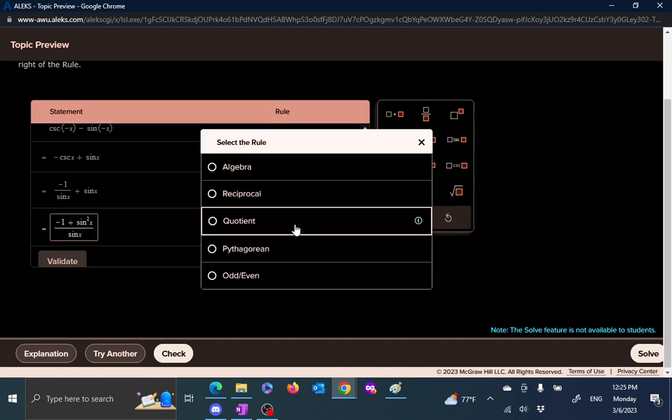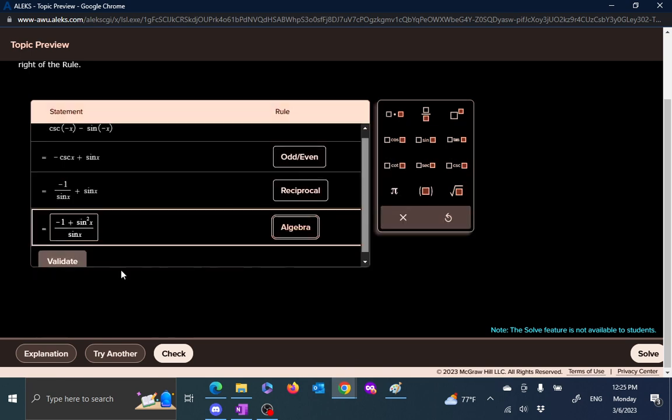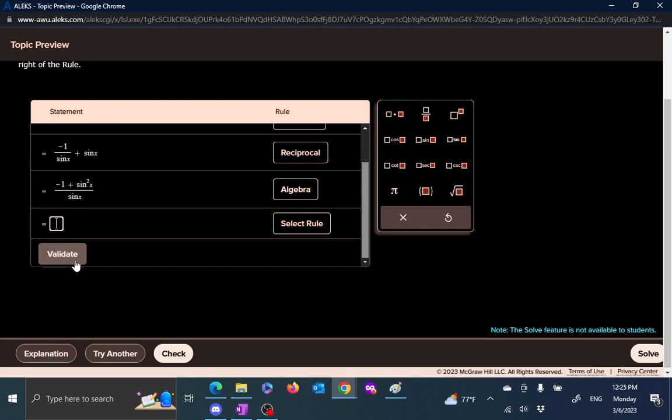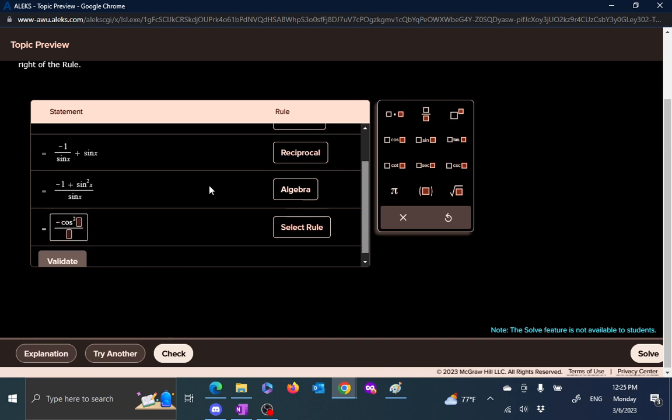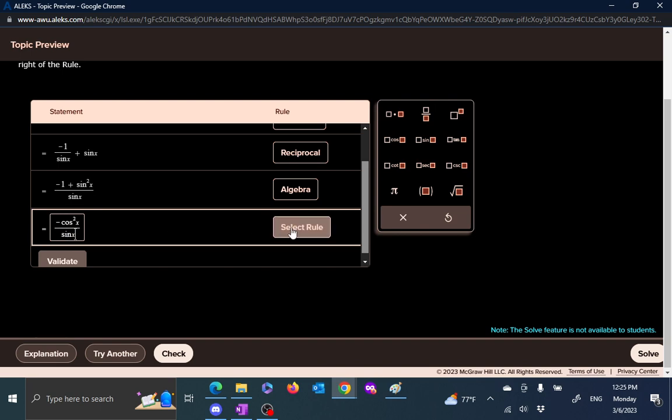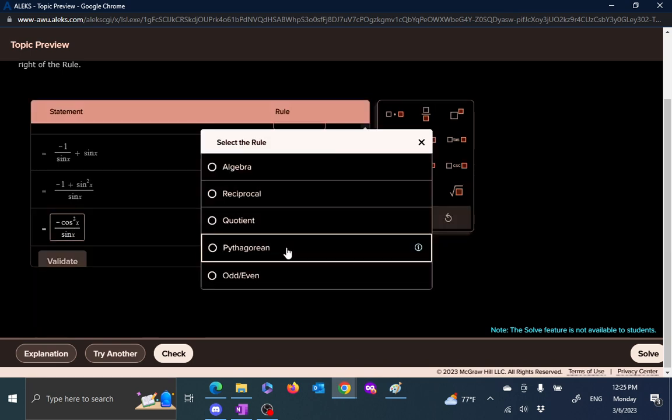So what did I do? I just did algebra. Next, in the numerator, I still have a fraction. I have minus cosine square of x and sine of x. So what did I do? I did Pythagorean.